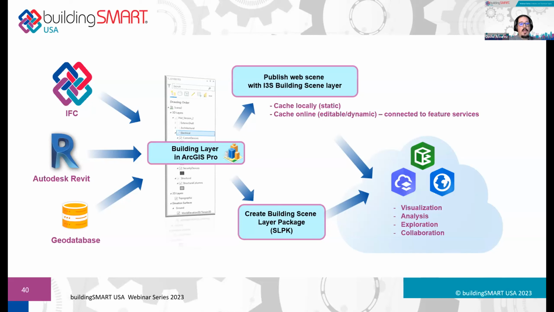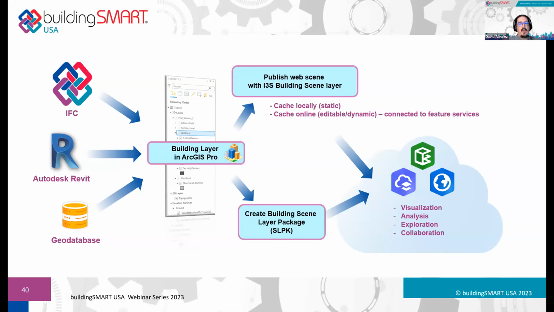Now, if we go the upper route where you're publishing the web scene, you can go static, so your data is not dynamic, or you can go with what we call cache online, and this applies to ArcGIS Online or Enterprise, where your data is dynamic. You create feature services. The benefit of the second one, when you cache online and have feature services, is that you can expand the amount of information your digital models can have.